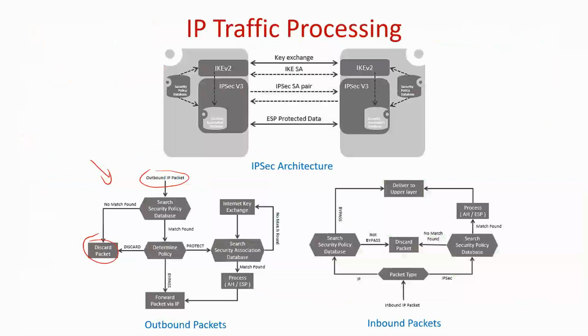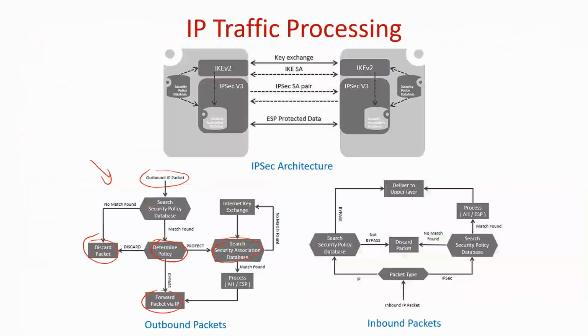If there is a match, then according to the match, you will determine the policy. If the policy is discard, then you will discard the packet. If the policy is bypassed, then you will just forward the packet as it is. If the policy is protect, then you're going to look at the security association database to know exactly what you should do. Is the security association with the destination done according to the authentication header or the ESP header?